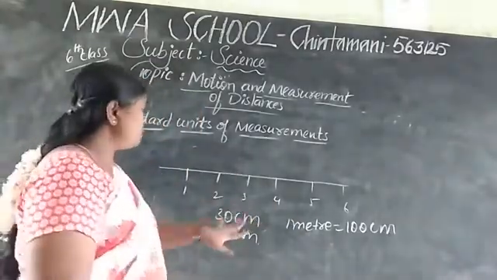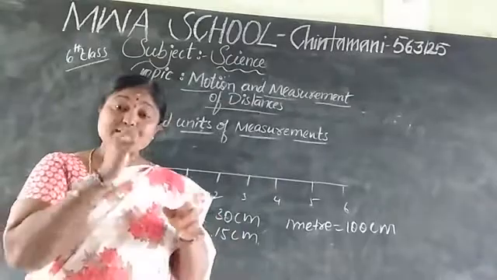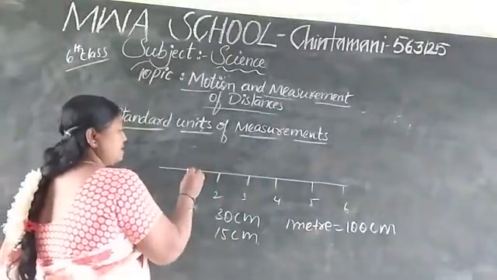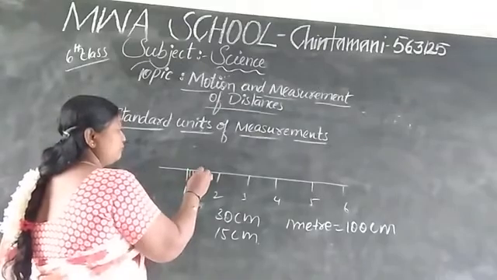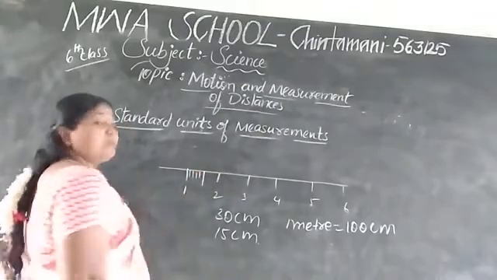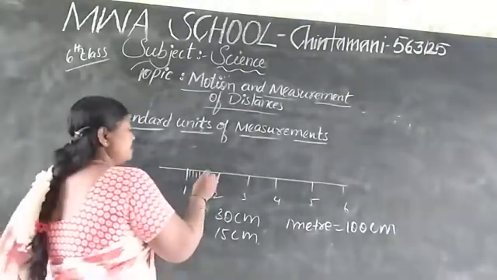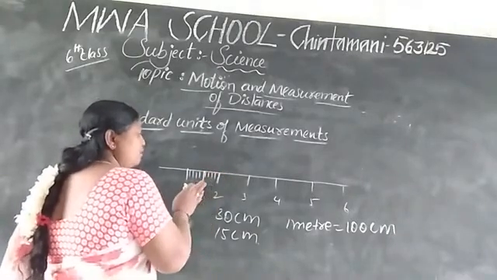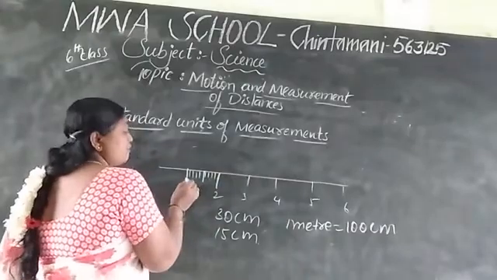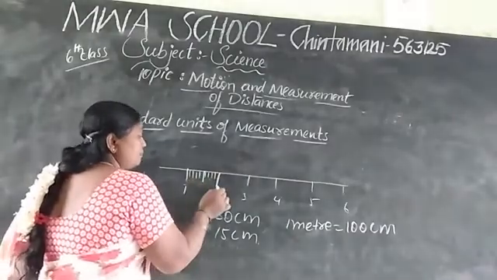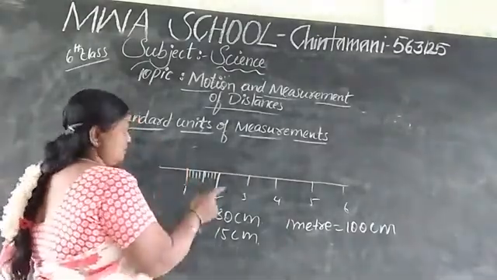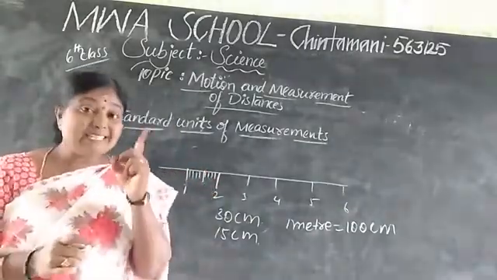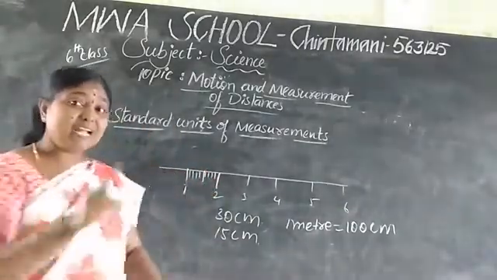Then if you see the scale, there also the measurements like this. Once again 1, 2, 3, 4. The 5 line will be a little bit big, and 6, 7, 8, 9. Then once again we go for the 2. That means from here to here it is 1 centimeter, but it is divided into 10 parts. 1 centimeter is divided into 10 parts.